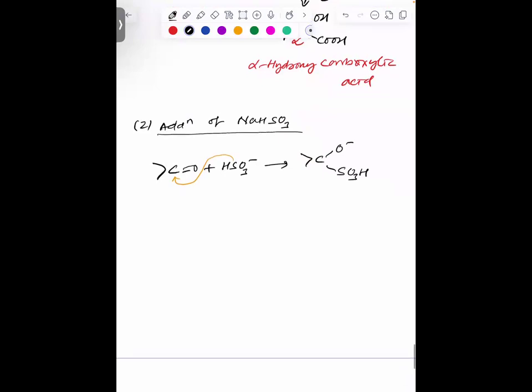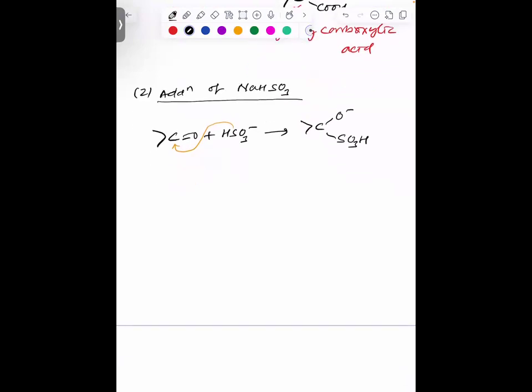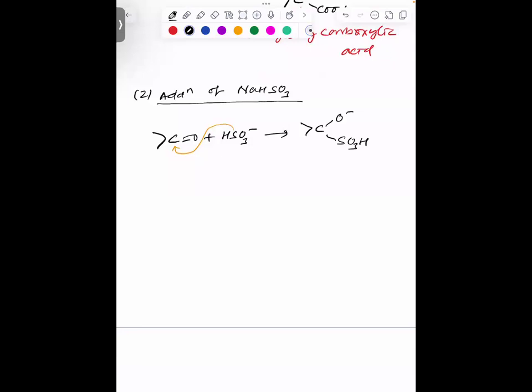Then after this, the intermediate undergoes an acid base reaction, that is an equilibrium reaction. So why an acid base reaction? Because sulfonic acid is a stronger acid, whereas alcohol is a weaker acid.